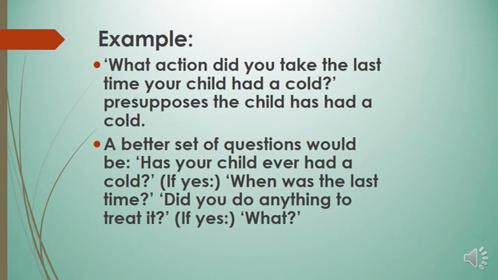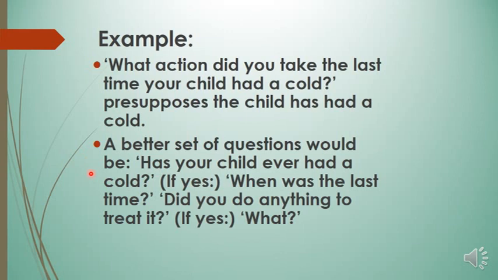For example, if we ask, what action did you take last time your child had a cold? When asking this, we're presupposing the child has had a cold. So never take for granted that someone has gone under a certain condition. A better set of questions would be, has your child ever had a cold?